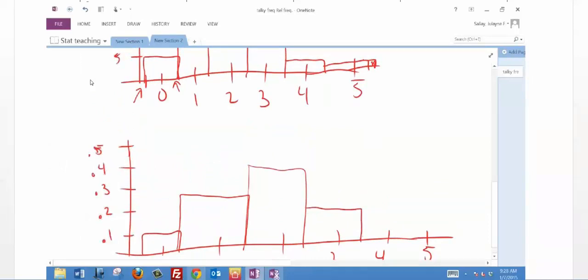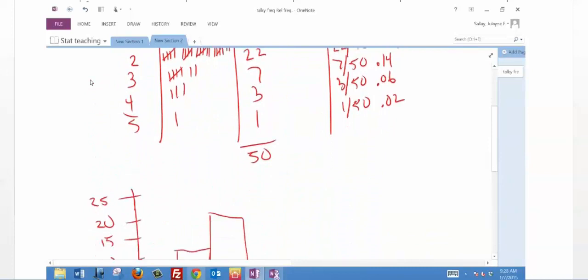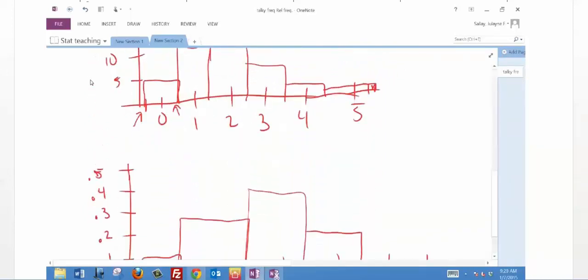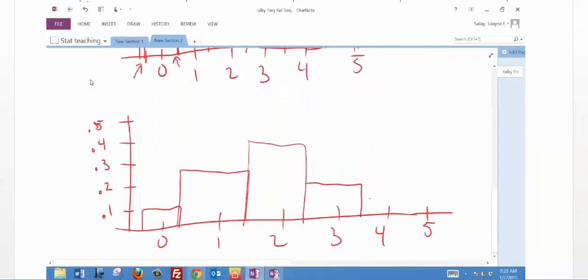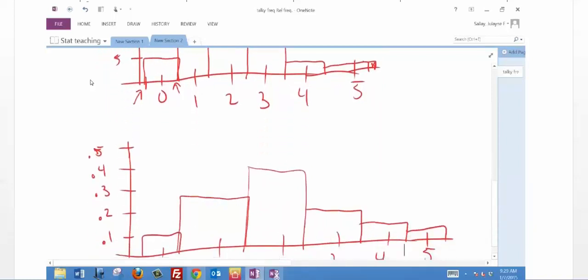Sorry, I'm getting my arm on the drawing pad here. 0.06 and 0.02. Okay, so notice the histograms look very similar to each other. The only difference is the height scale that we're constructing these things with.